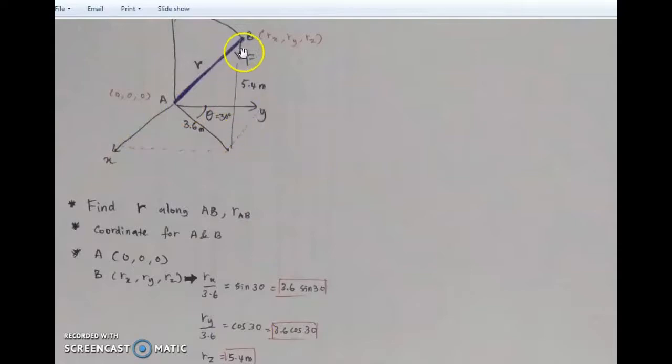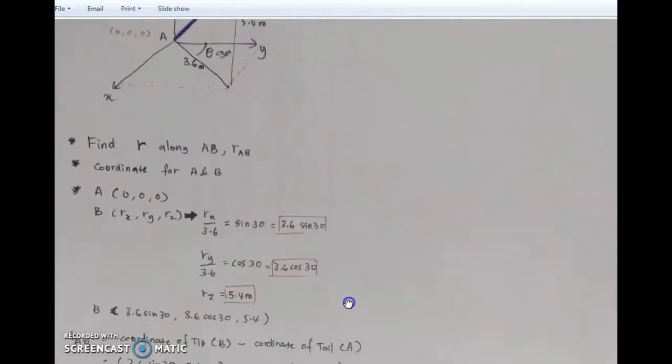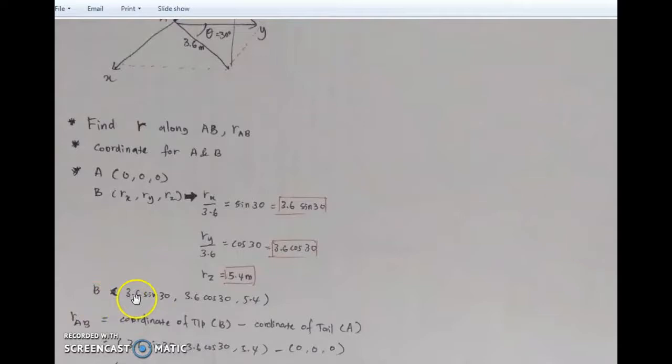Rz is simply the length from 0 to 5.4 meter, to meet up at point B here. So your coordinate of B is equal to 3.6 sine 30 for the x-axis, 3.6 cos 30 for the y-axis, and 5.4 for z.